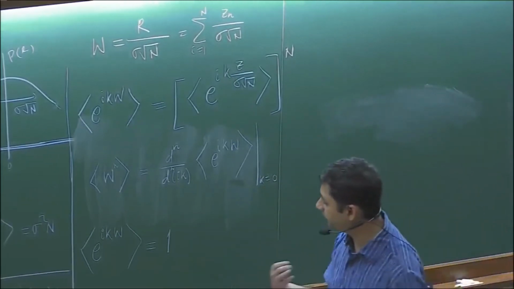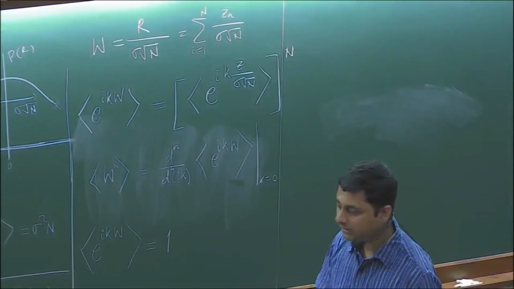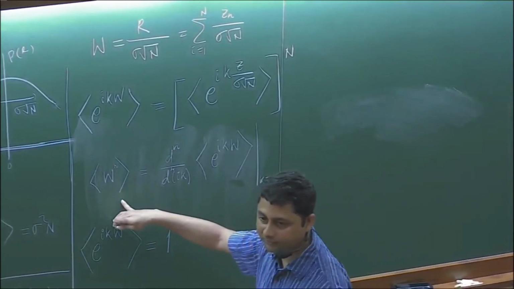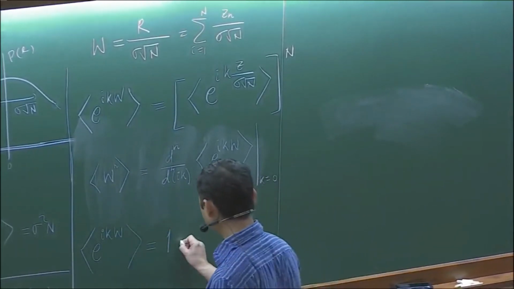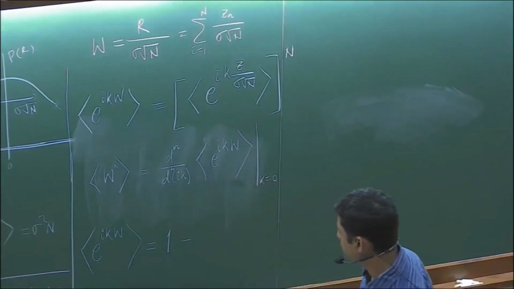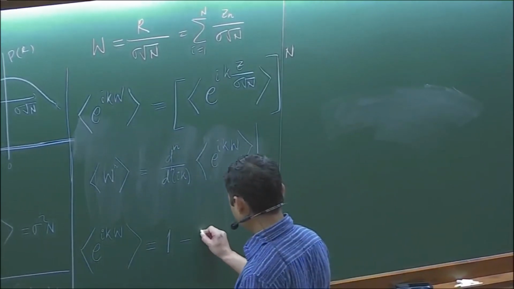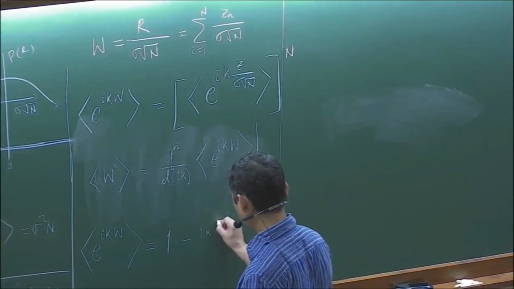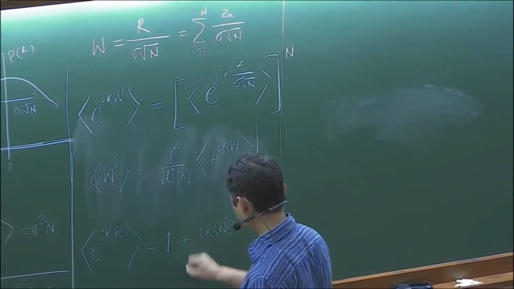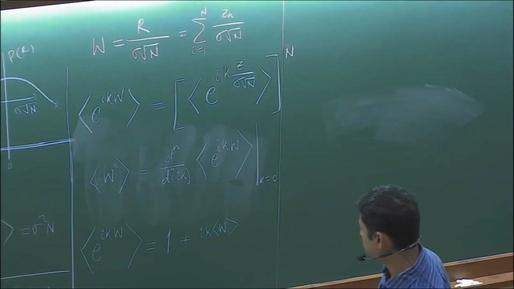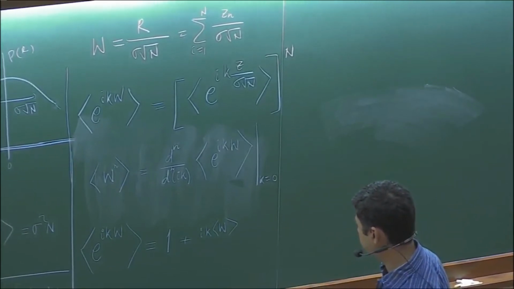So for example, if the first moment exists, the first moment is given by the first derivative. So what should that thing be? It should be like ikw, plus or minus, which one?